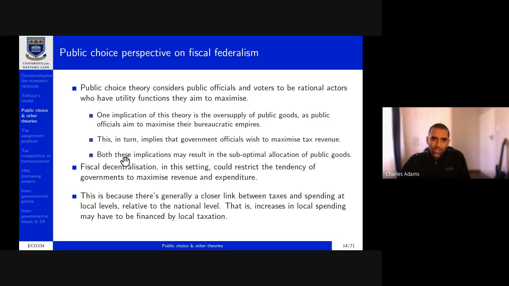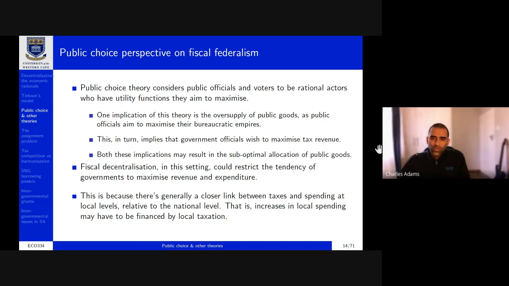assuming that this is true, point one above. Then both these implications may result in a suboptimal allocation of public goods, right? So an over-provision of public goods in this case, which some would suggest to some degree does describe what is happening in South Africa, right?